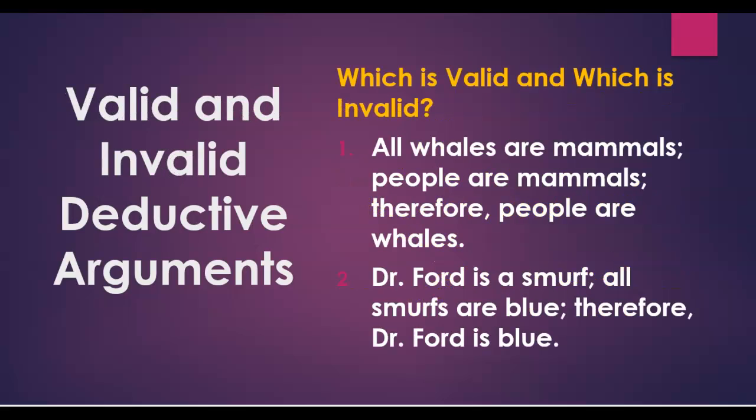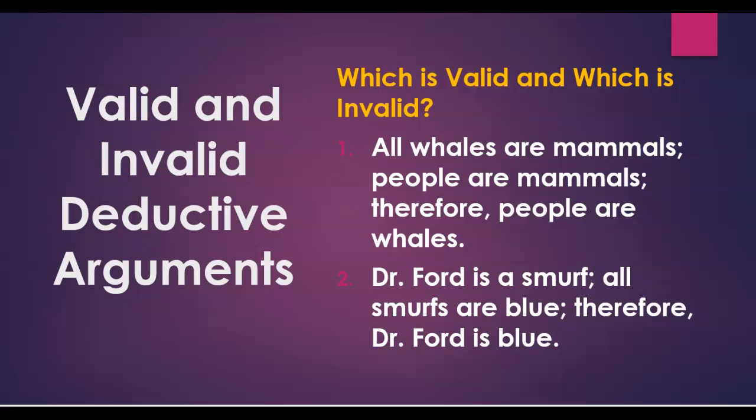Okay, let's look at these two arguments and see if they are valid or invalid. First one: all whales are mammals. That's the first premise. Second premise, people are mammals. What's my conclusion? Therefore, people are whales. Now, forget whether people are whales or not.